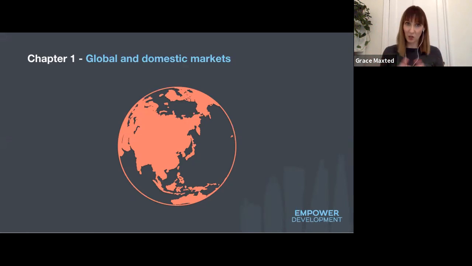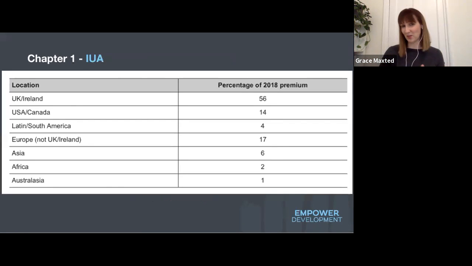So for us, that would be the UK, for those of you who are within the UK. In terms of getting the sources of business and geographically where they come from, just to remind you of some of the statistics within the book. You might remember from previous books the IUA, the International Underwriting Association. You'll be mindful that they are looking out for the company market, so the company insurance and reinsurance market. You can see here that the majority of the premiums written for this area of the market are within the UK and Ireland.